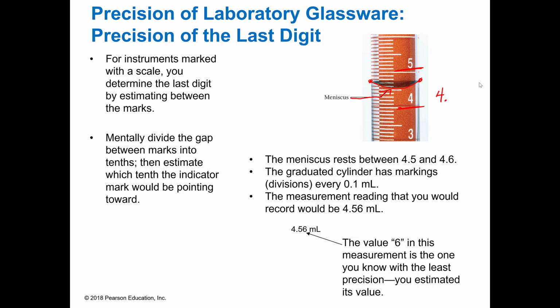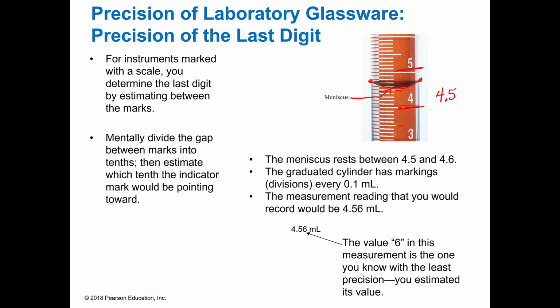There are 10 tick marks in between the 4 and the 5, so that's going to be my decimal place. Then I look at where this meniscus is, and these that stick out a little further are 0.5. It's a little more than 0.5, but it's not quite 0.6. So my next number is going to be the 5.